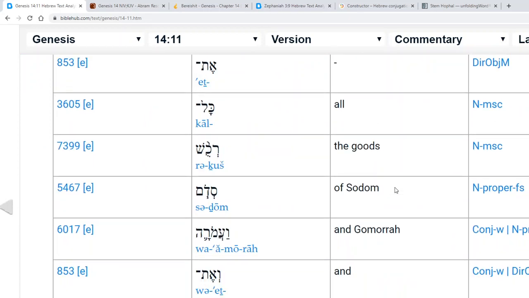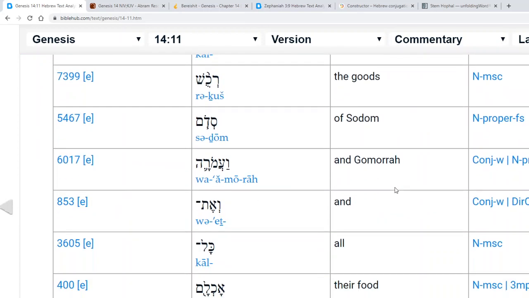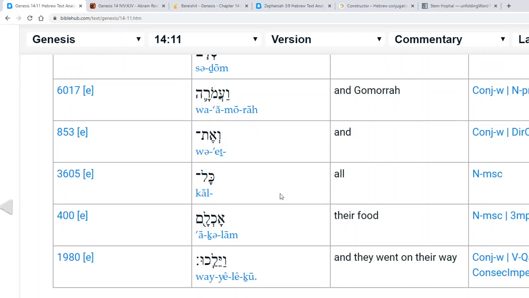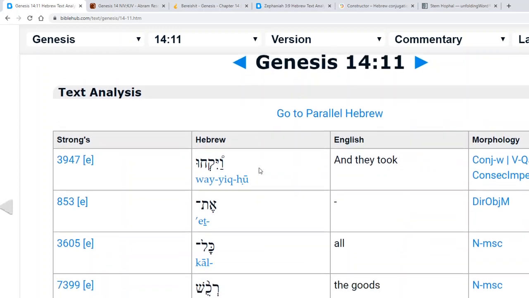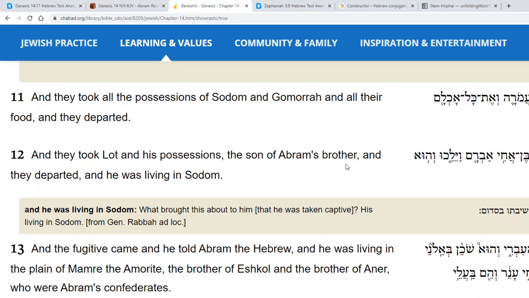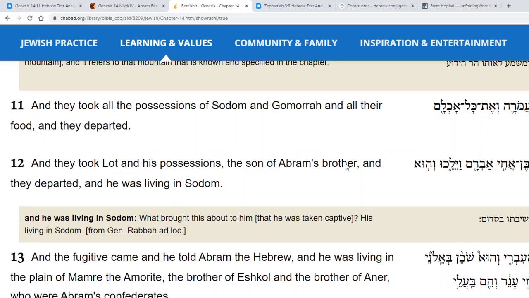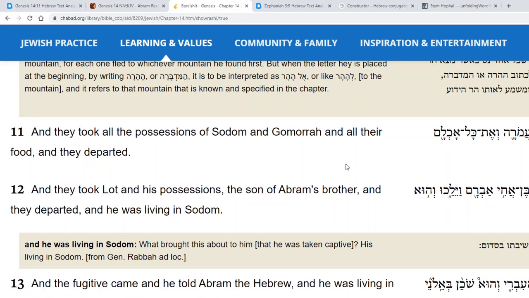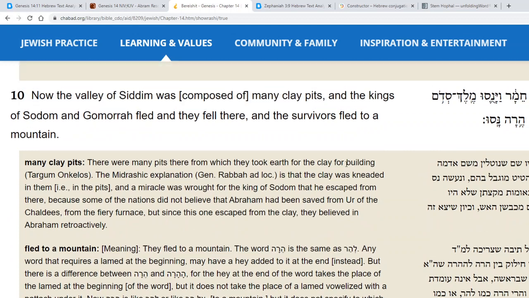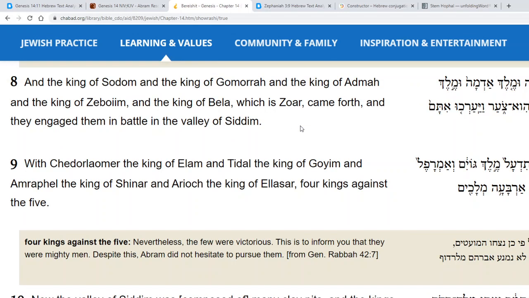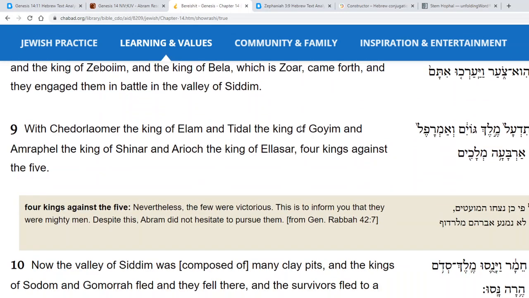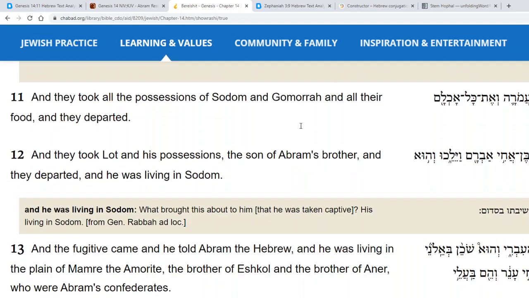Vayikhu et kol rechush Sodom ve'amorah ve'et kol ochlam ve'yelechu. Okay. The Sodom and Amorah always, yeah, Amorah is always written bechisaron, it seems, without a vav.